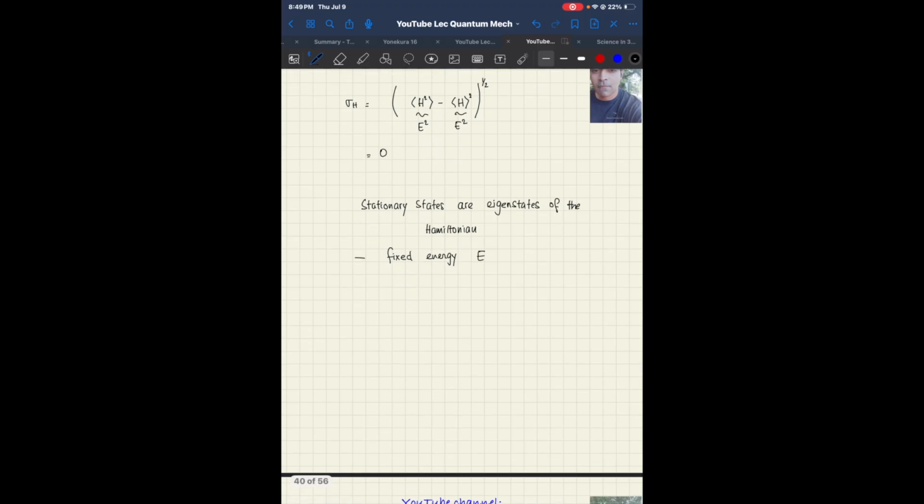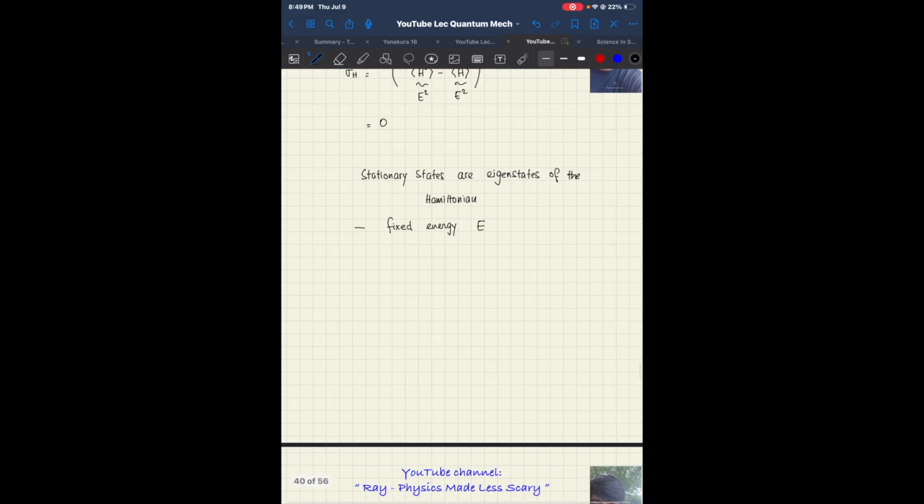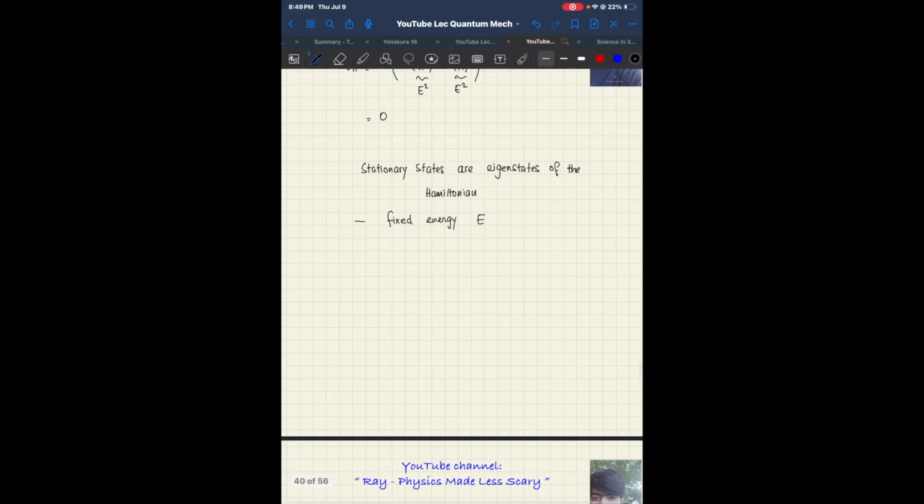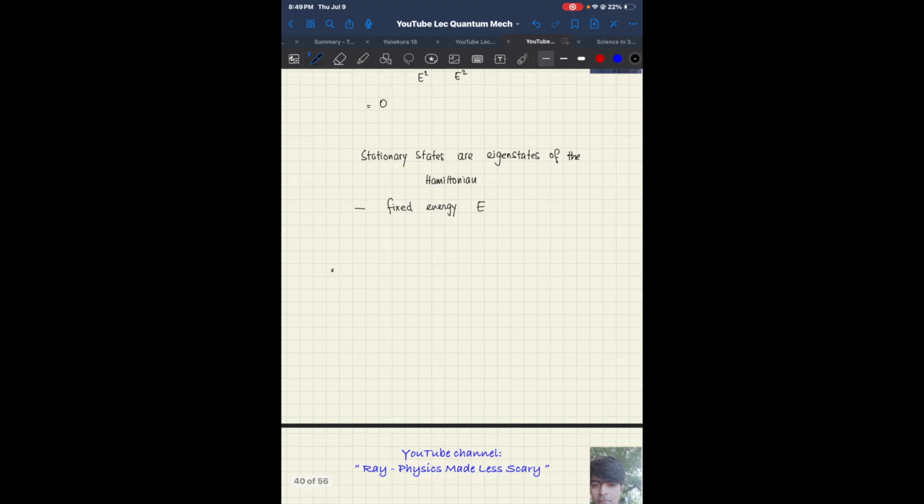Okay, so that is great. Now I want to mention a slightly higher point, that the general solution of your Schrodinger equation, this psi of x and t, would be a superposition of these psi n times e to the power minus i over h cross E n t.